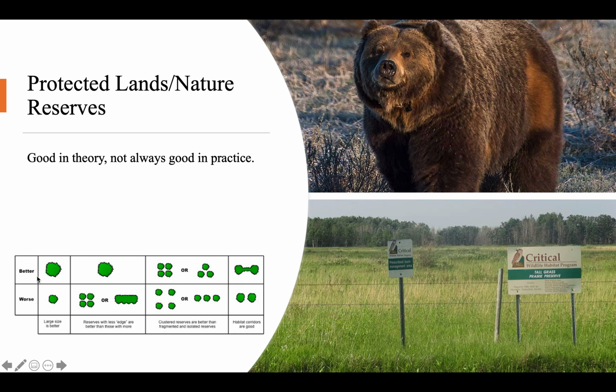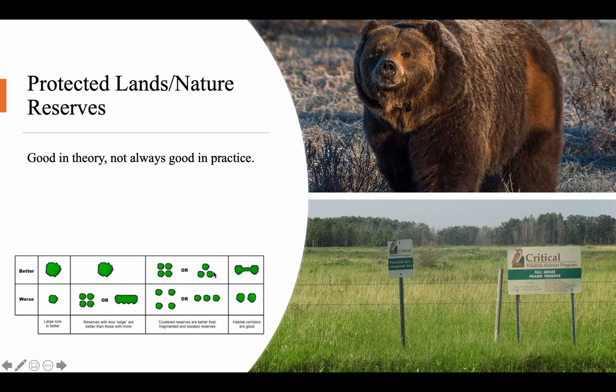So, a bigger size is better, less edge is better. You can think here a grizzly bear isn't necessarily going to know that it can only walk back and forth. It's going to meander around in whatever way it wants to go. So, in theory, an area with less edge is better.